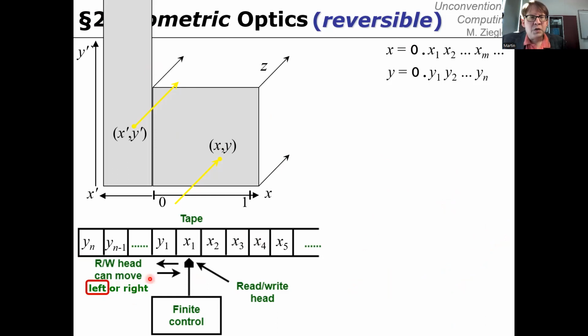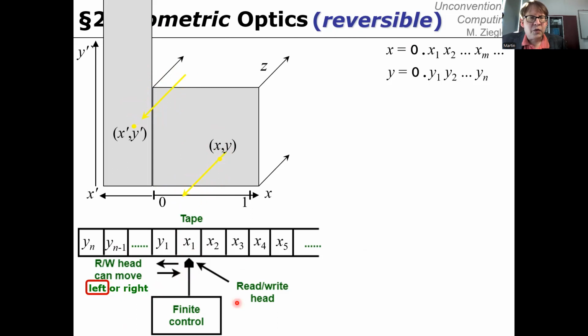We can store and encode the content of the tape into a pair of coordinates in the plane, and the light ray proceeding in the third direction, the z direction. And we have a device that corresponds to the read-write head of the Turing machine moving one cell to the left, and another device that corresponds to a move to the right.